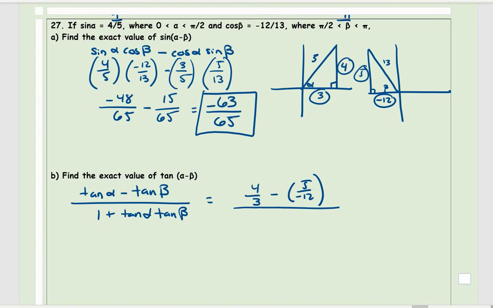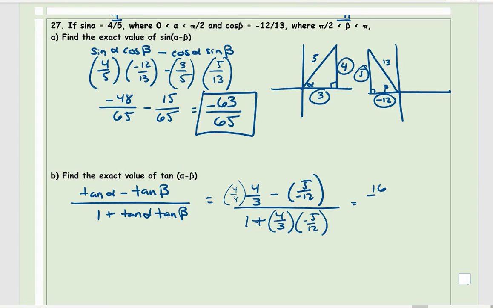For our bottom, we have 1 plus tangent of alpha, which we found was 4/3, times tangent of beta, which is -5/12. So now what we have to do is we have to start simplifying. Okay, so in the top, we can find a common denominator of 12 by multiplying this by 4 over 4.